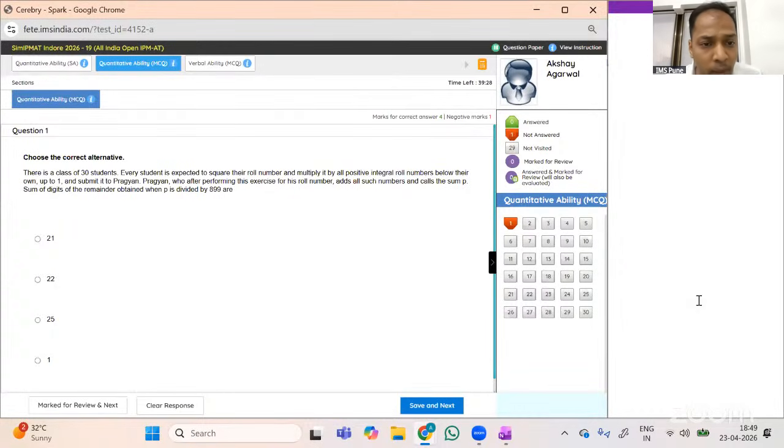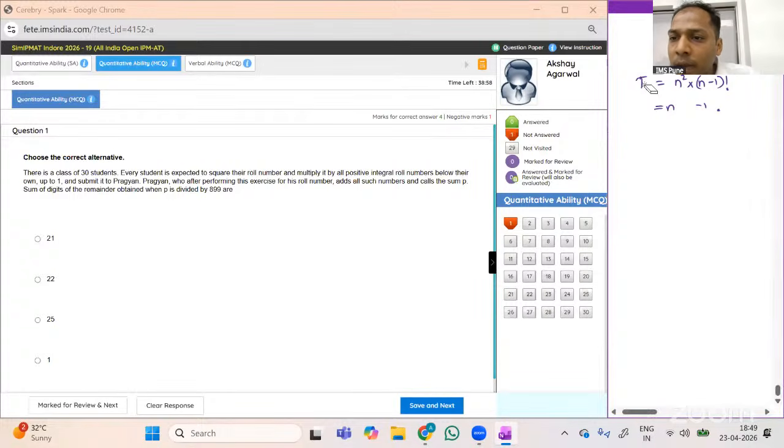So basically, Tn is nothing but n square multiplied by n minus 1 factorial. So this is nothing but n into n minus 1 factorial. Sorry, n into n factorial.